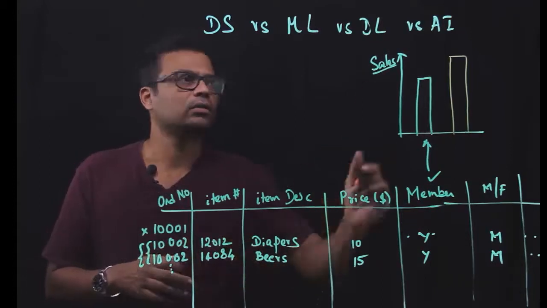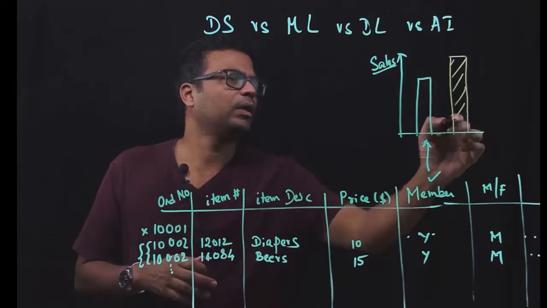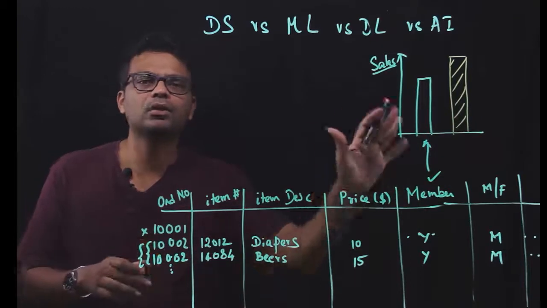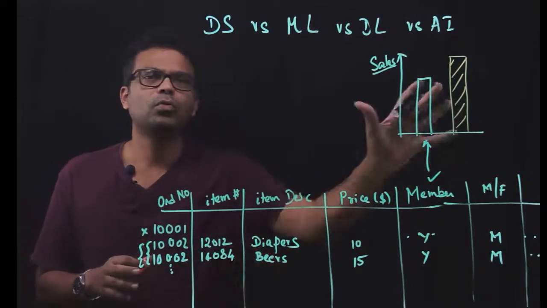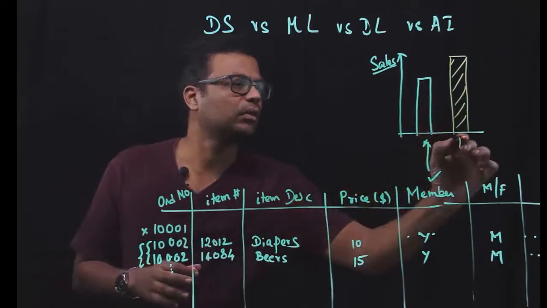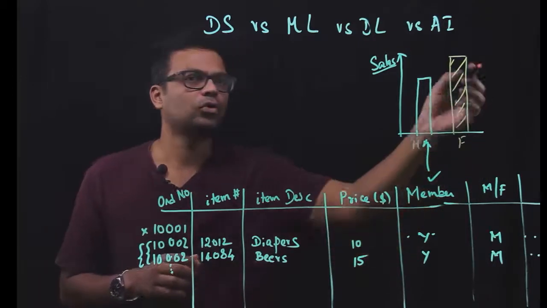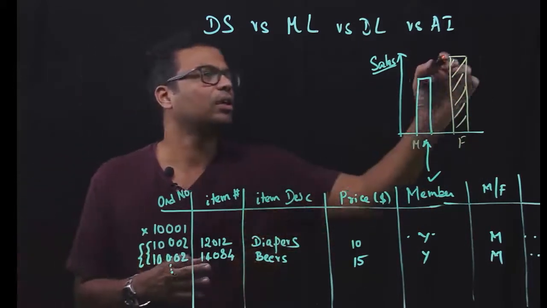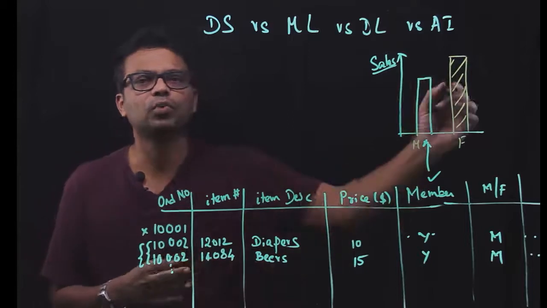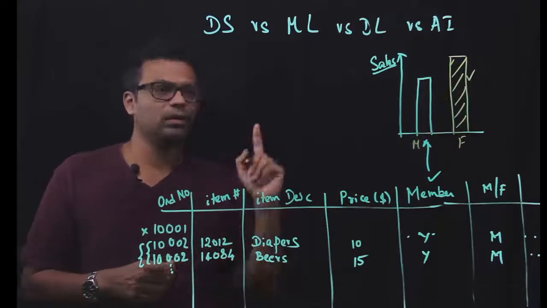This is the total sales. So in this case, most probably females typically dominate this particular data set. So most sales are done by females. This is female and this is male. So obviously your marketing strategy is more focused towards females, right?